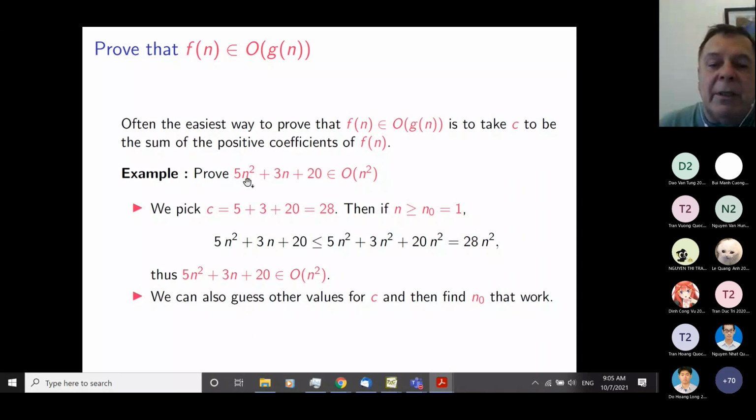As you know, this is the running time of an algorithm that has an input of size n.